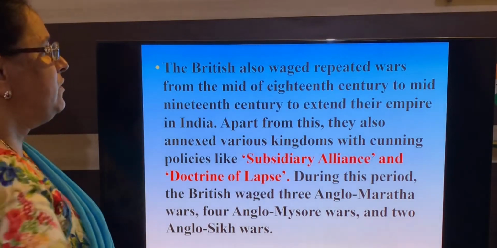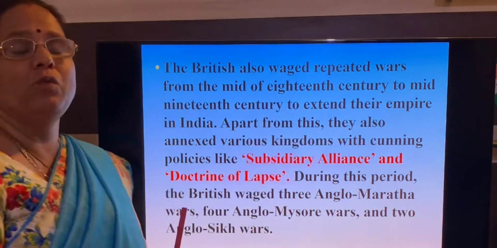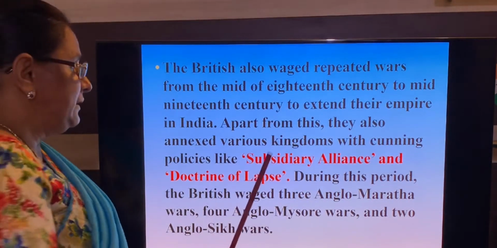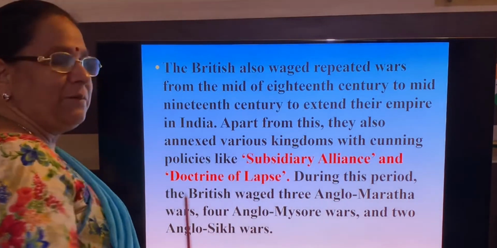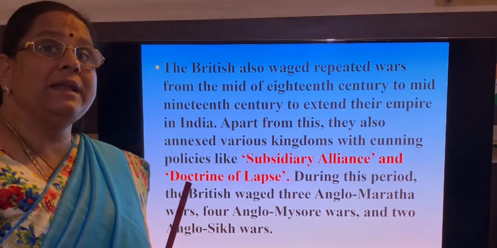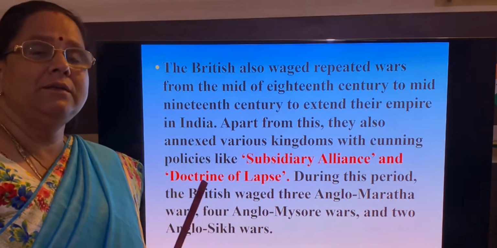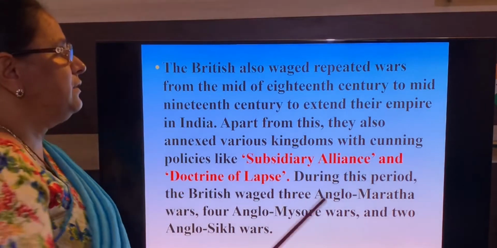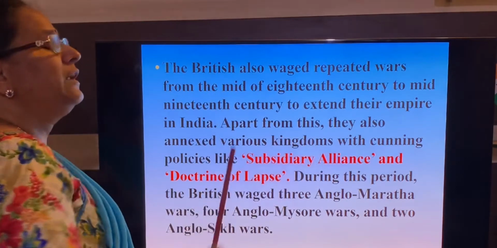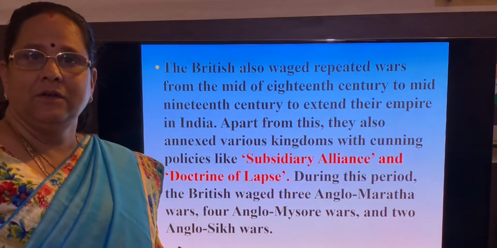The first one was waging repeated wars, the next one is subsidiary alliance, and the last one doctrine of lapse. So they adopted these policies and started expanding their empire in India, from the mid 18th century to the mid 19th century.